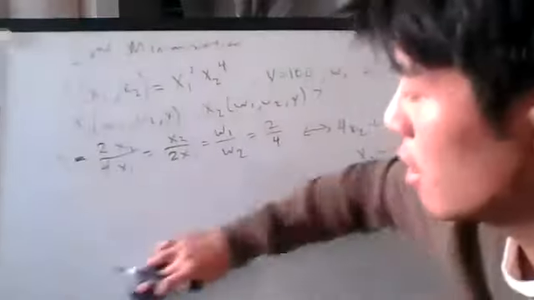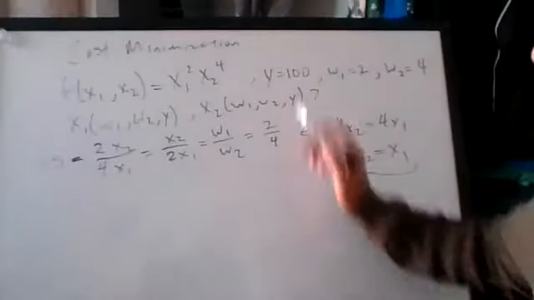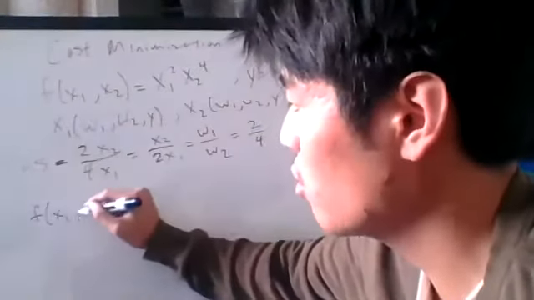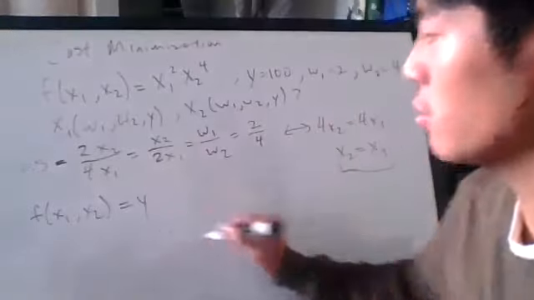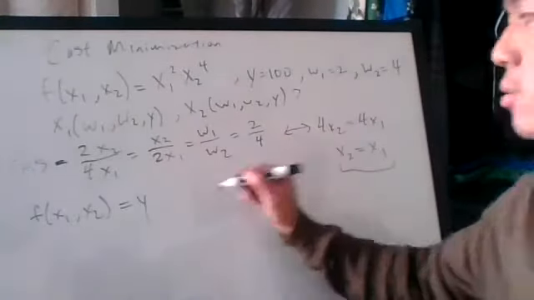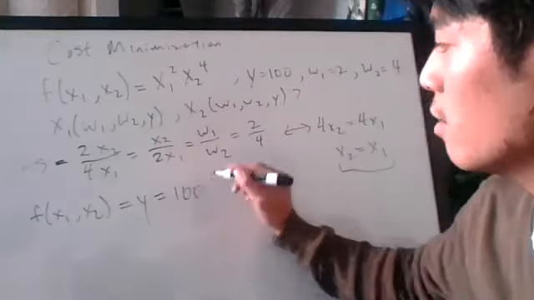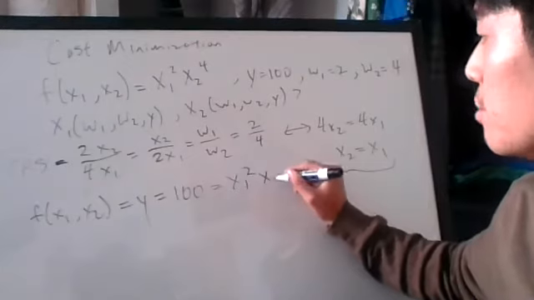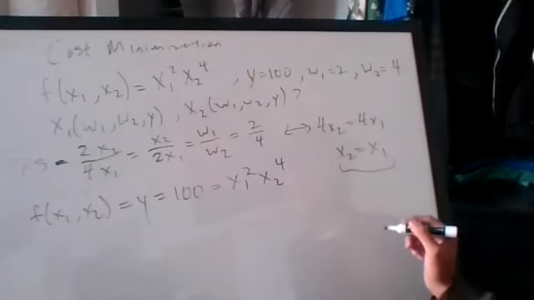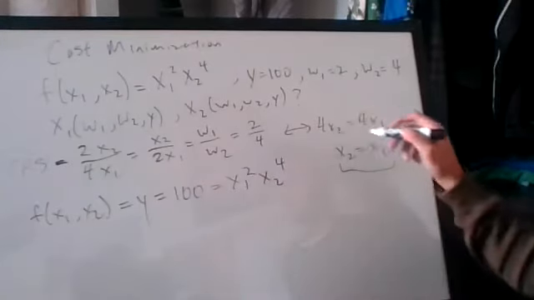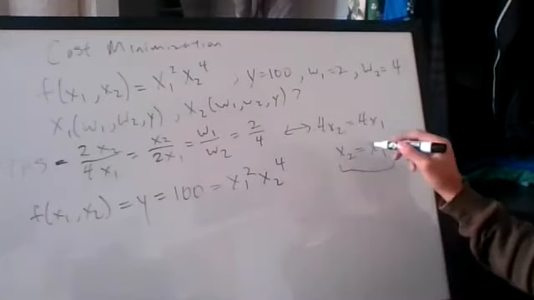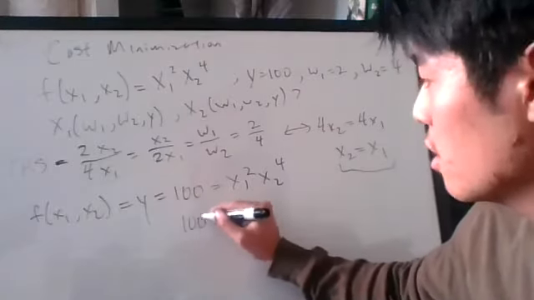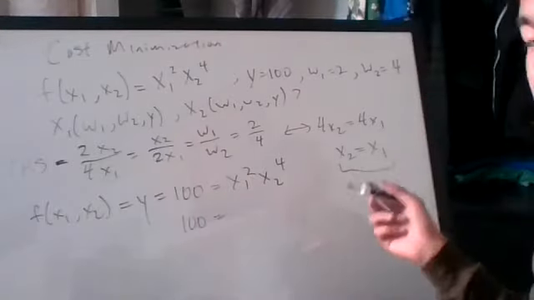Well, we already know that y is equal to 100, and we have been given that f of x1, x2 is equal to y. So y is equal to 100, but we also know that this is equal to x1 squared times x2 to the fourth. Because we know what x2 is relative to x1, we can plug one of these variables in; it doesn't really matter.